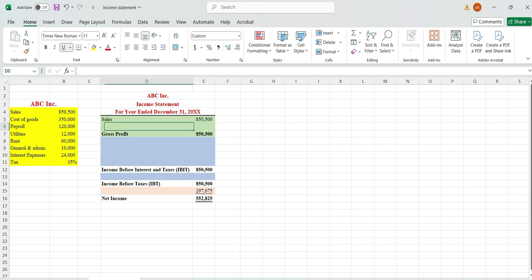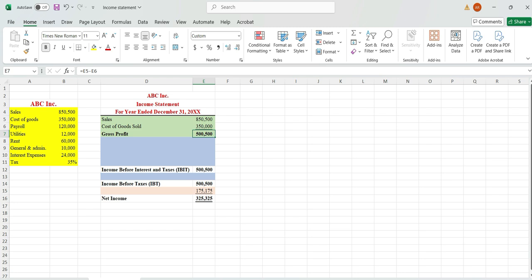Then we're going to have the cost of goods sold, which in this matter was $350,000. So if we subtract cost of goods sold from sales, we're going to have 500,500 as our gross profit.